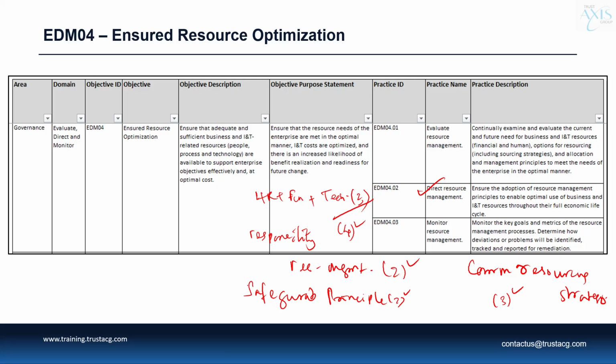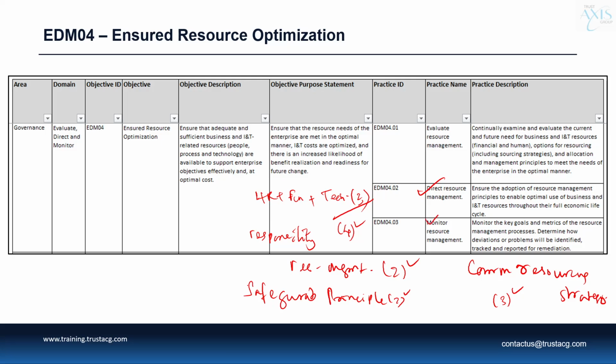Okay. So you will have a well-directed resource management framework where accountability, communication, and measurement ensure optimal utilization of people, processes, and technology. This is the second particular practice that you can implement.